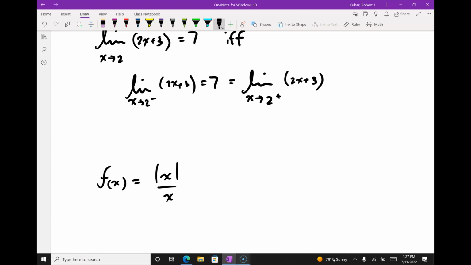Where do you think I'm interested in this limit? At what number is this limit interesting? Zero. 0 is where it's interesting, right?